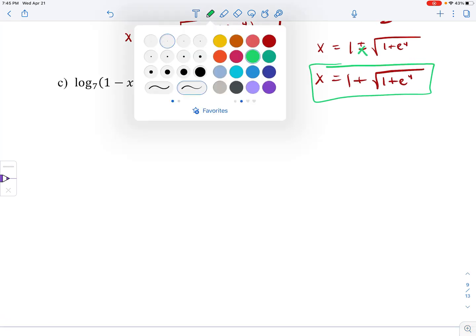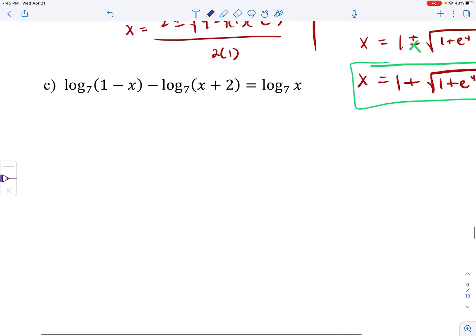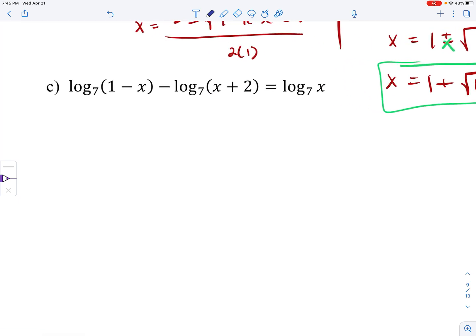Okay, last example. So on the left-hand side, well, you have options. We can use the quotient property on the left-hand side, or we could add log base 7 of x plus 2 to each side of the equation. So you could use the product property and rewrite so that you have a sum of 2 logarithms.